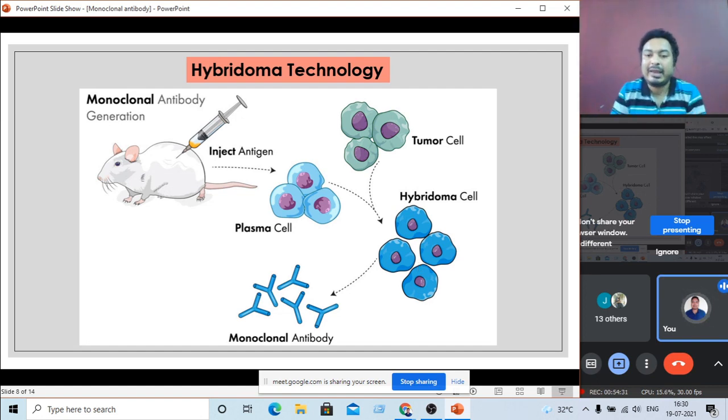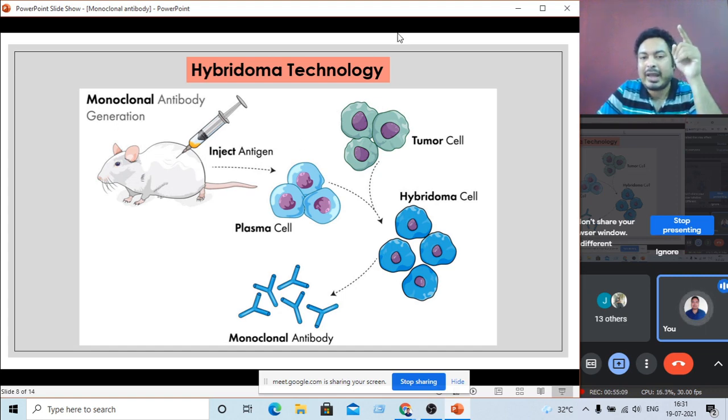Now, what is happening in the HAT medium? Now see, in the HAT medium, the aminopterin molecule is there. What is the function of aminopterin? It can block the de novo synthesis mechanism of the tumor cells, because tumor cells do not have the HGPRT enzyme. They cannot synthesize nucleic acid by the HGPRT enzyme. They cannot synthesize it, but they have an alternative mechanism, called the de novo purine synthesis mechanism.